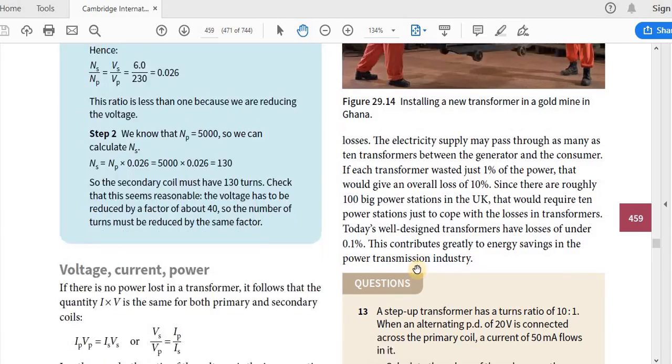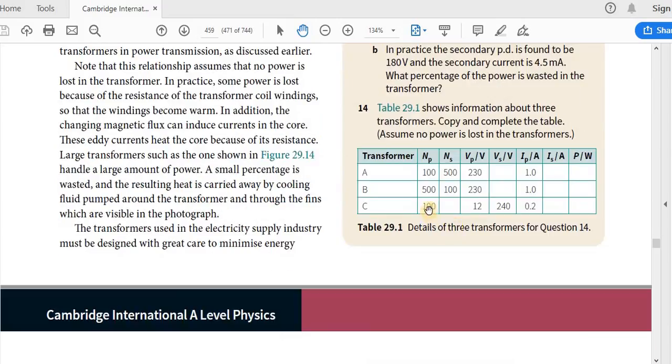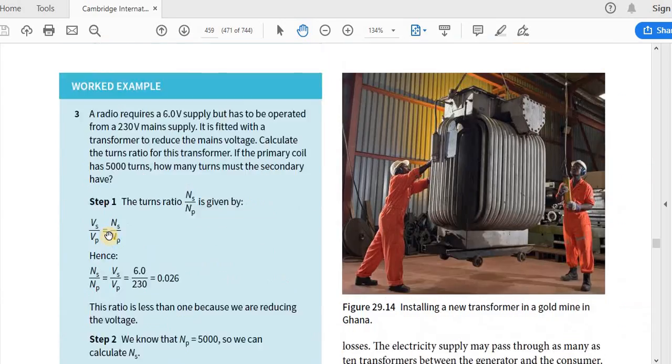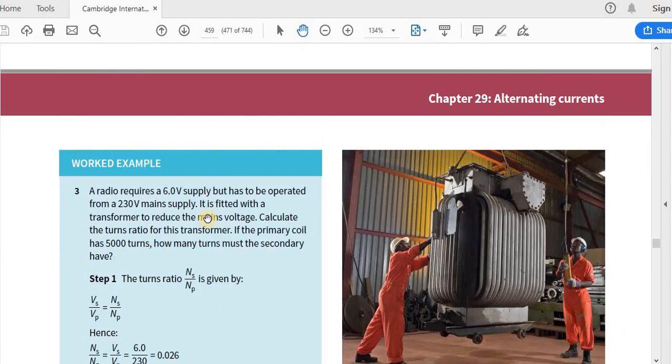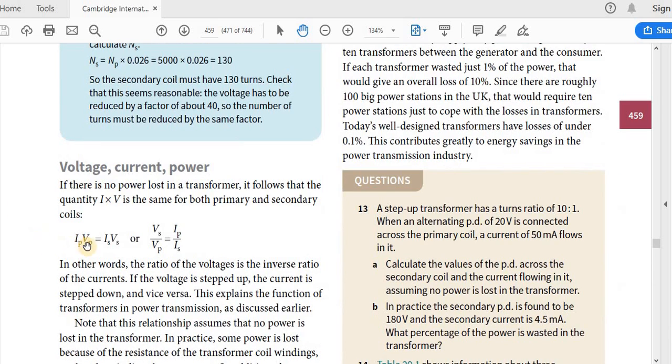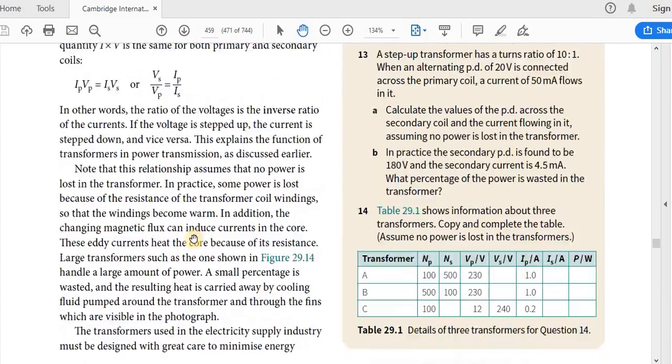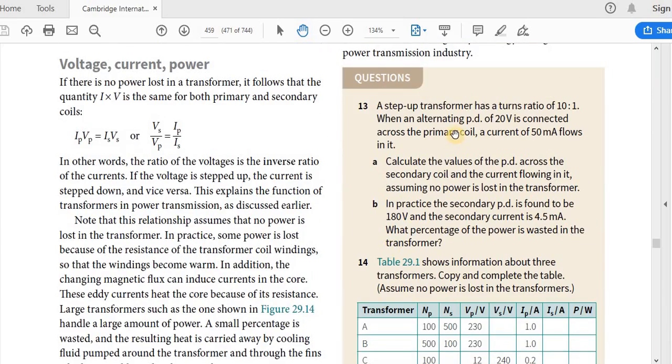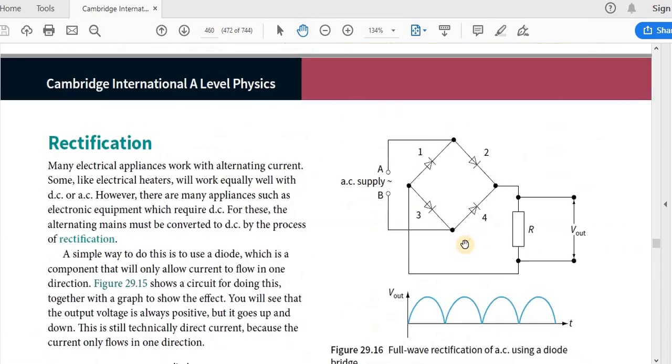Okay, so to answer all these questions, you may have to use this formula and this one. Under transformers there are only two formulae. This one, the ratio of the turns is equal to the ratio of the corresponding voltages, and the power in the primary coil is equal to the power in the secondary coil, and power equals VI. So substitute with this.